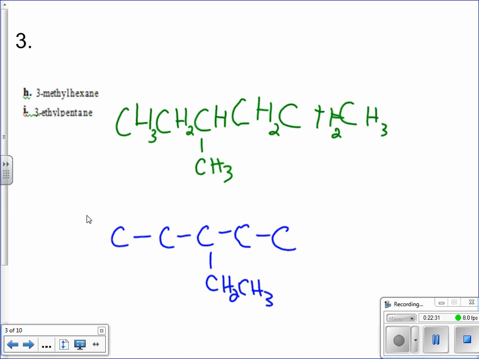And now I'm going to go back to my chain and fill in my hydrogens. So I need an H3, an H2, an H, and an H2, and an H3. It doesn't matter to me which way you do these. If you do them structurally or condensed, you'll get the same answer, and I can read both of them. So either one will work just fine.